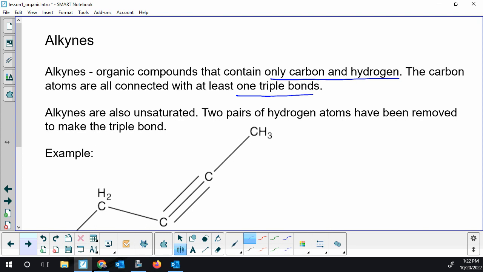Adding in double and triple bonds make molecules unsaturated. Similar to redox, there's going to be a fair bit of vocabulary to know. This is a bit of a memorize and apply naming rules. It's not a math figure-out unit.